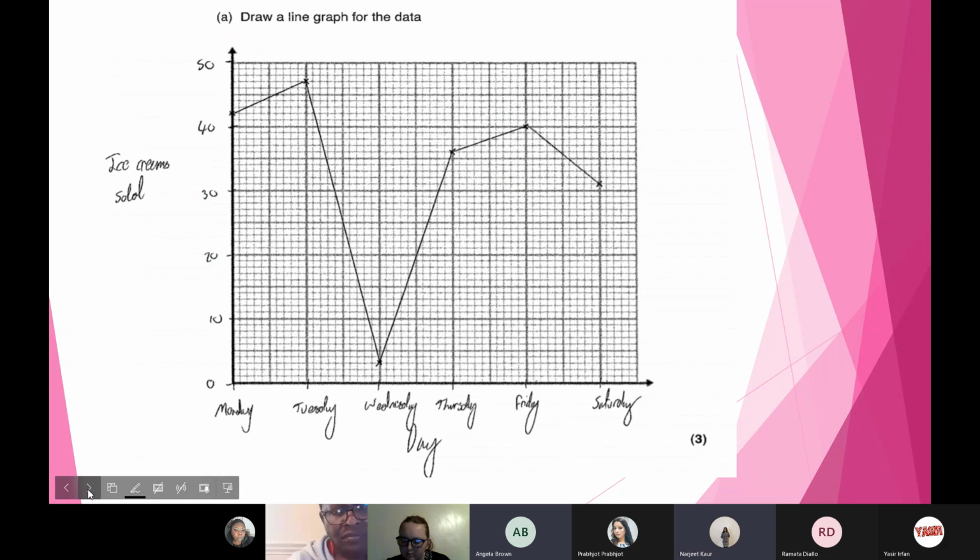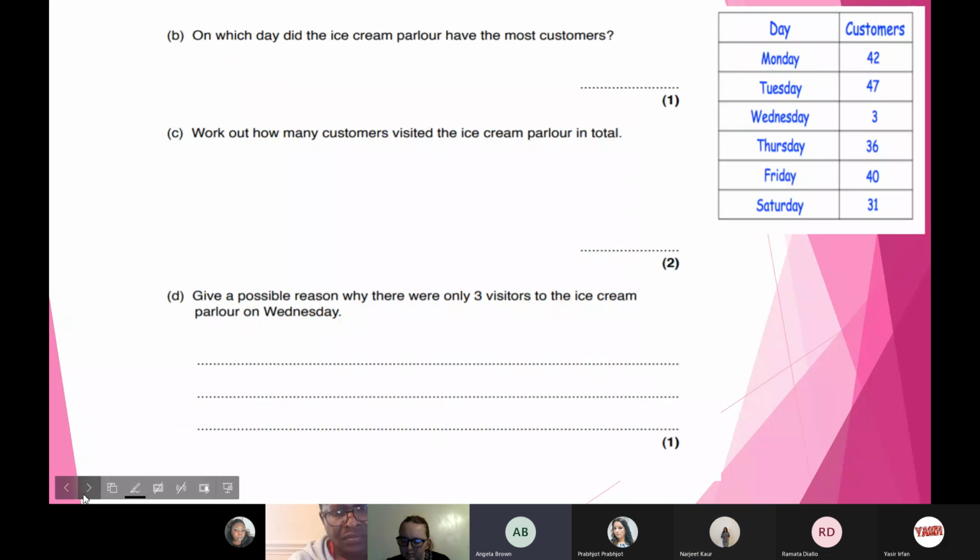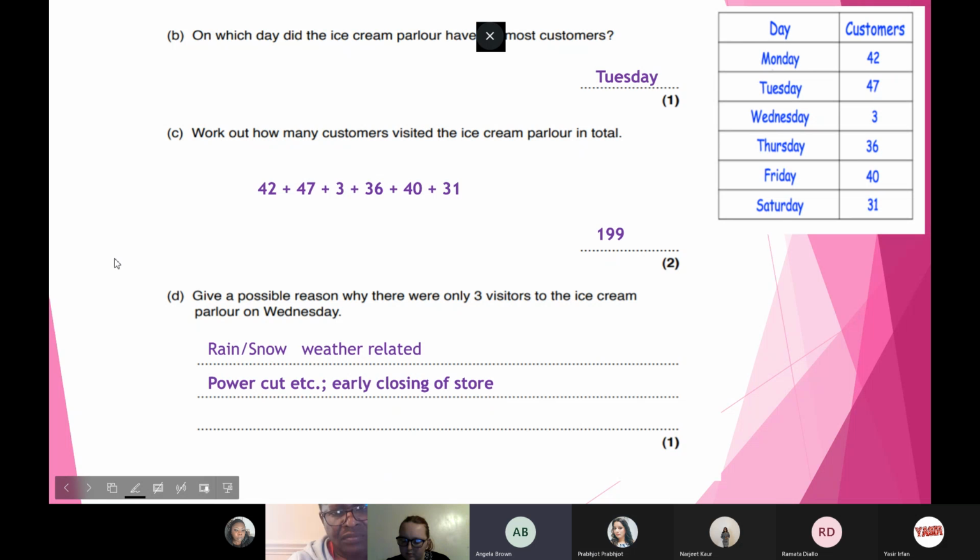And when you've drawn it, you should get this as your answer. And then when you've answered the question, you should come up with the following answer. And that's for you to do once we finish the lesson.